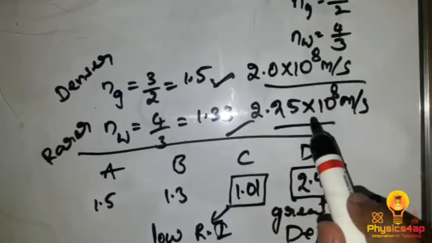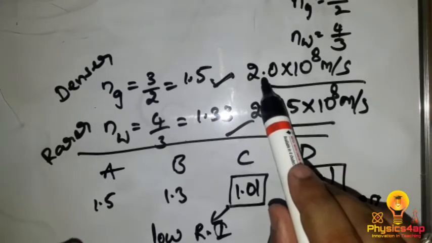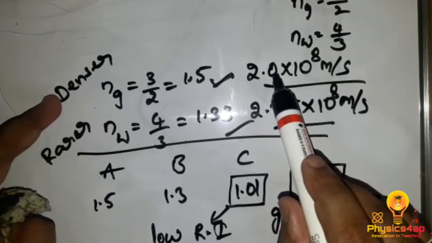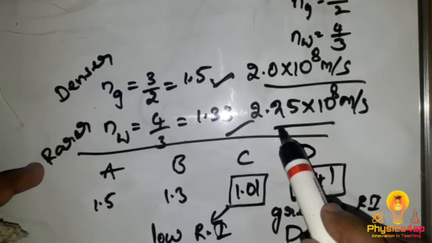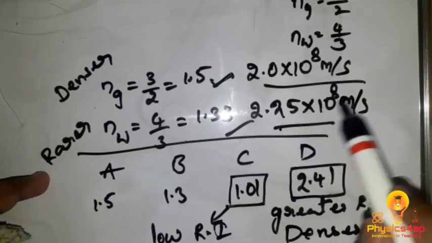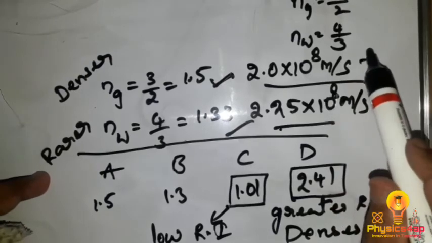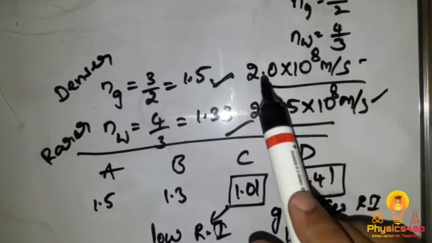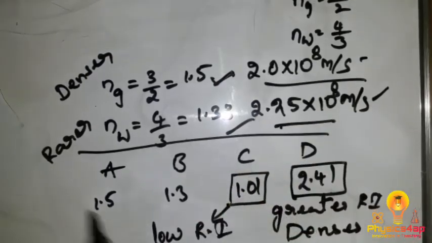Comparing them, the speed of light in the denser medium, glass, is less than the speed of light in water, the rarer medium, which is greater.